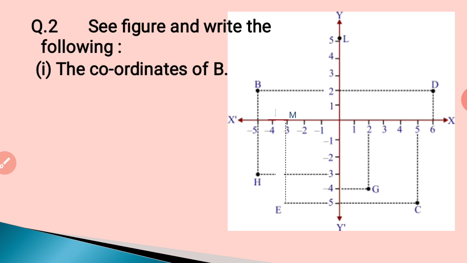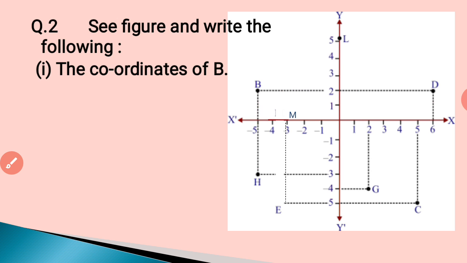When we draw the perpendicular from B to the x-axis, it reaches -5. And when we draw the perpendicular from B to the y-axis, it reaches 2.